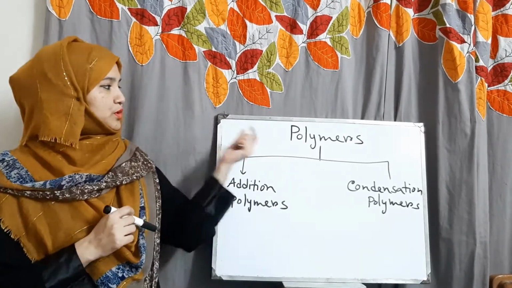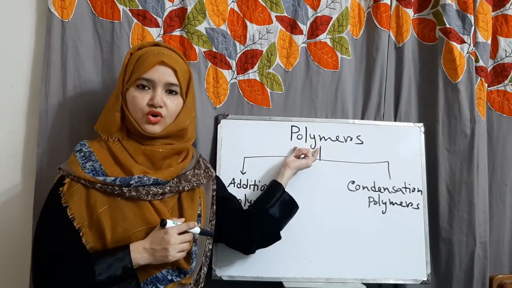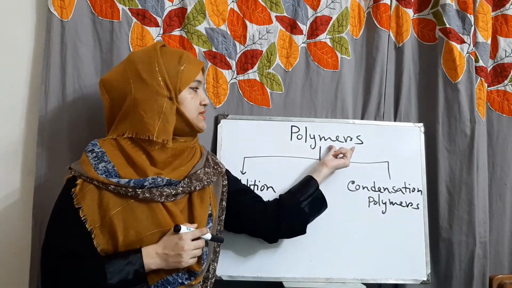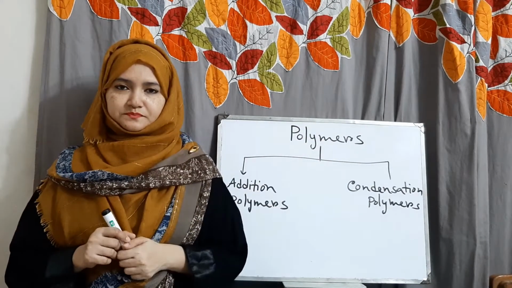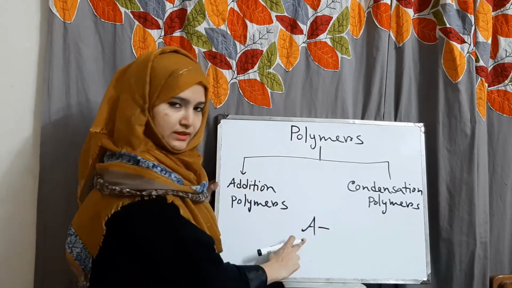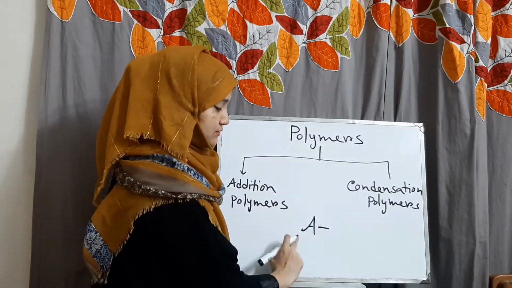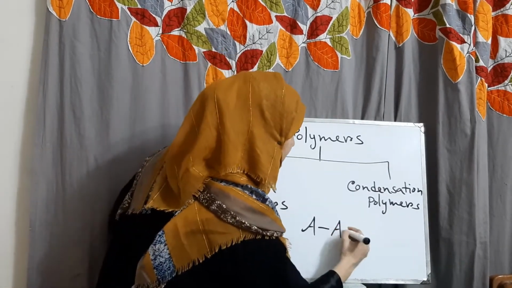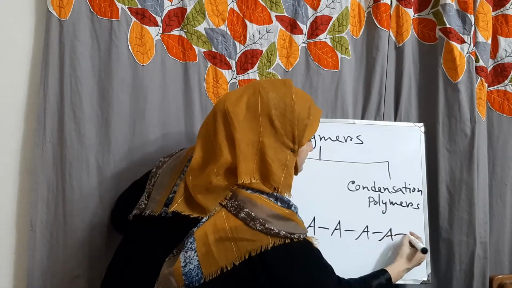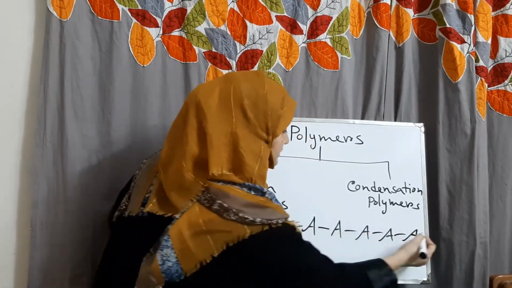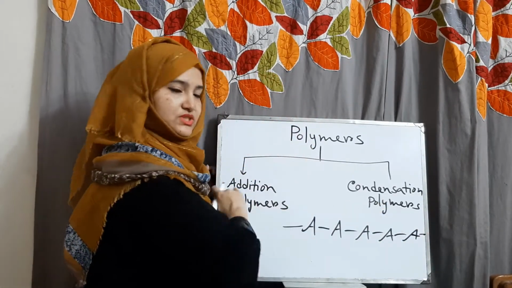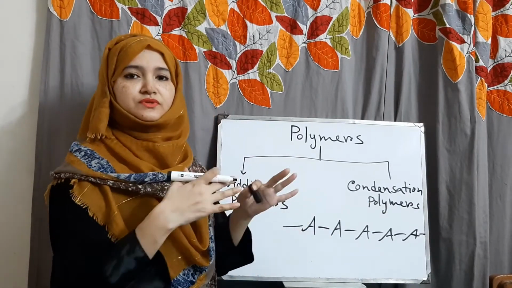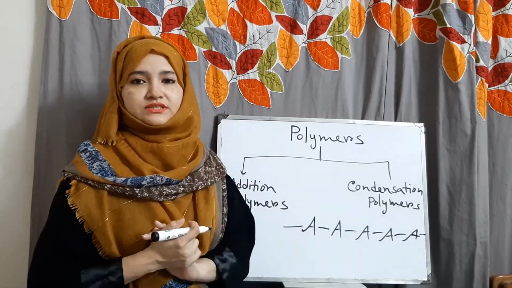The word polymer means: poly means lots or many, and mers means units. If the tiny molecule is A, then they are linked like that, and the chain is continued for lots of times.